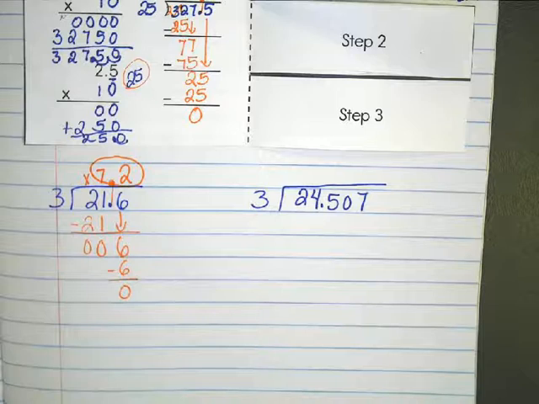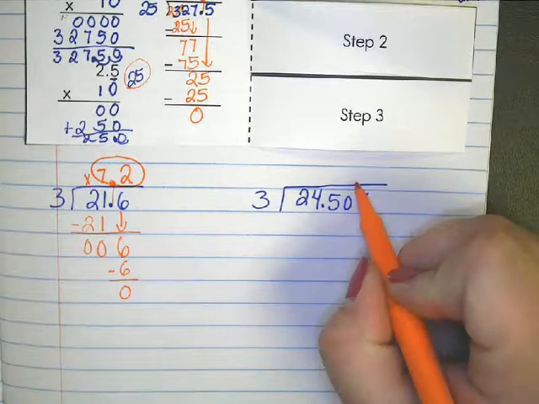Hey, what's the first thing I want to check? If the 3 has a decimal. Does it have a decimal? No. So what do I do? You just ignore that 3. Okay? So do I put my decimal over here? No. Where do I put it? Above the decimal. I go straight up.